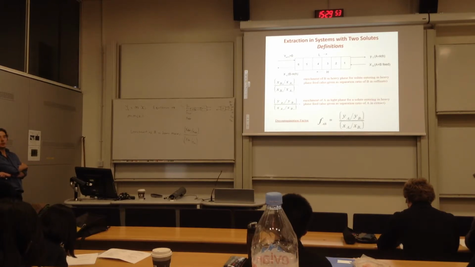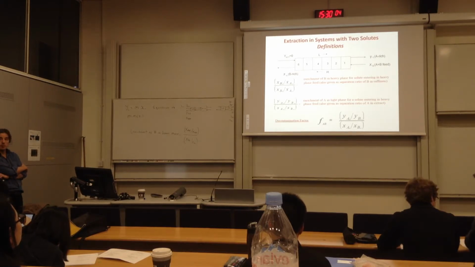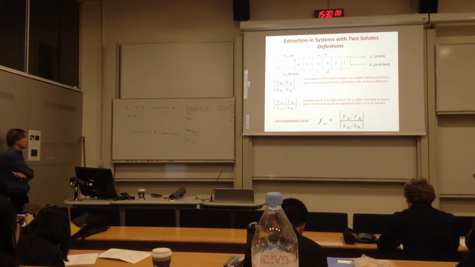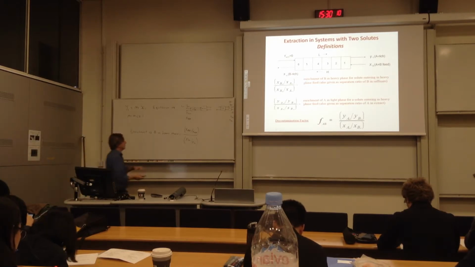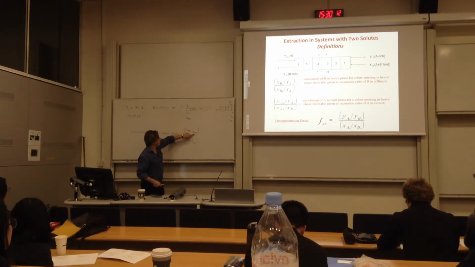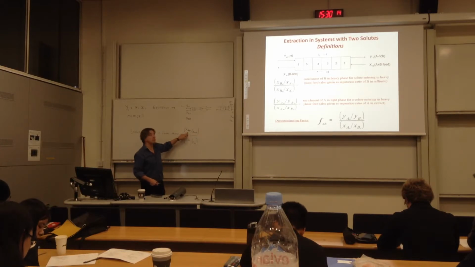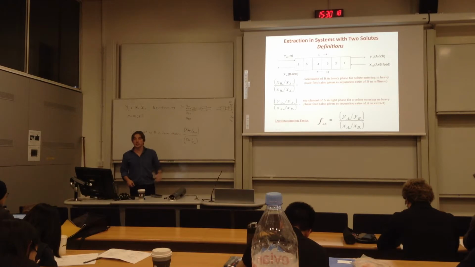A large enrichment or a small enrichment of B in the heavy phase? We want this number to be large, right? Because we wanted to transfer A, so we wanted XAN to be small and XBN to be large. So we want this to be a large number.